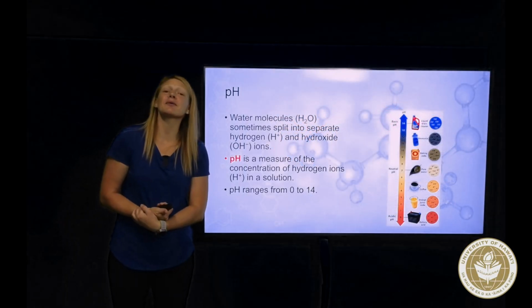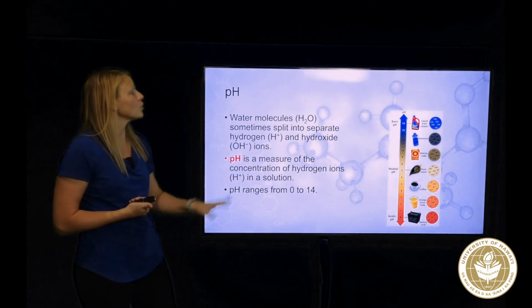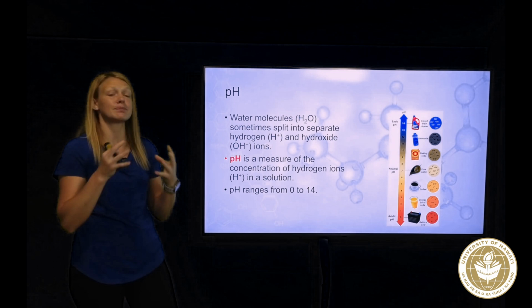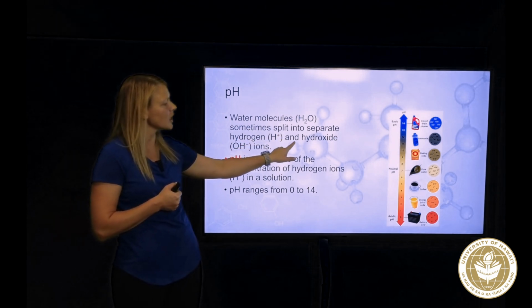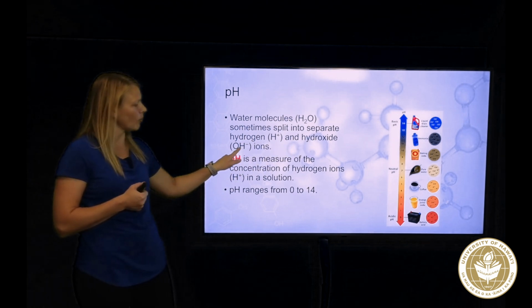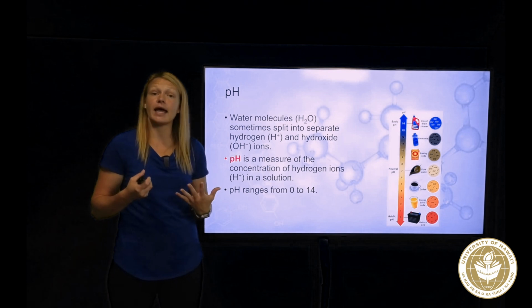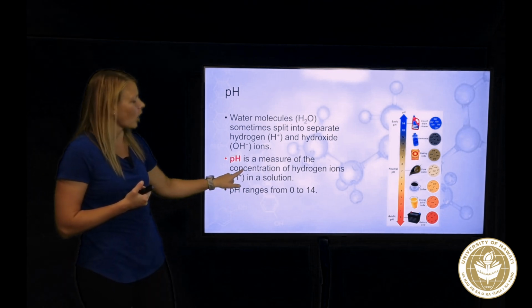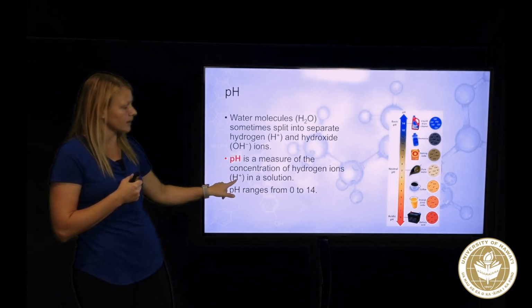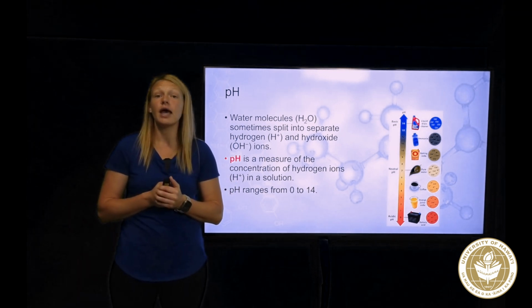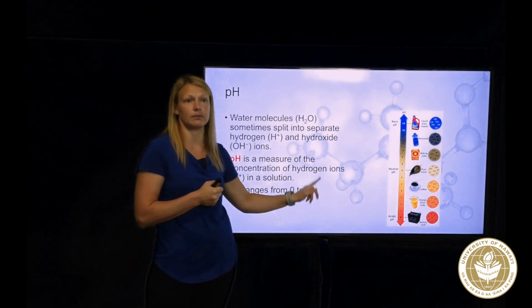The last topic that we're going to cover in this lecture is pH. Water molecules sometimes split into separate hydrogen ions that have a positive charge and hydroxide, OH, negatively charged ions. pH is a measure of the concentration, in other words, how many hydrogen ions are in a solution, and pH ranges from 0 to 14.